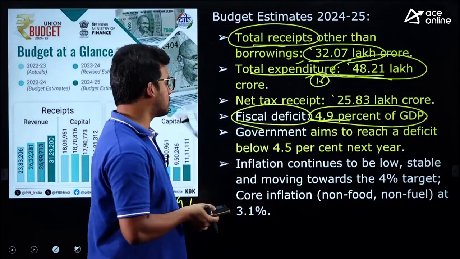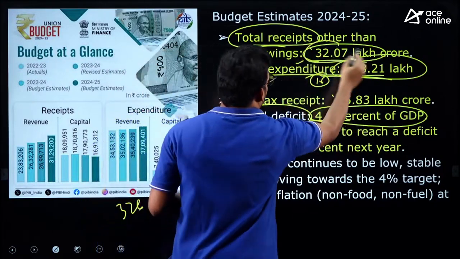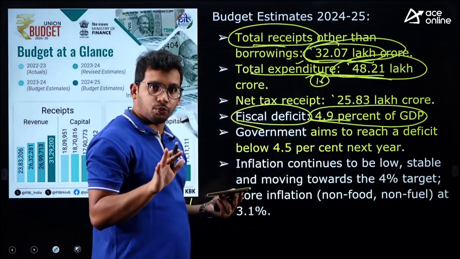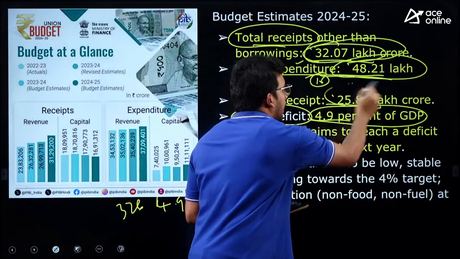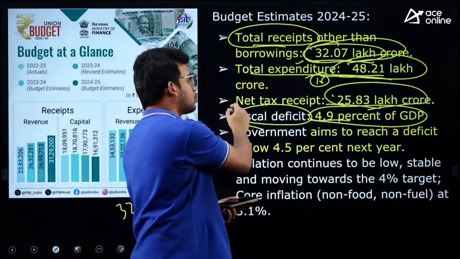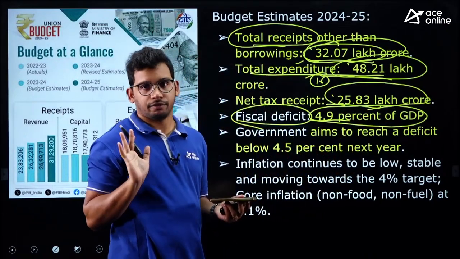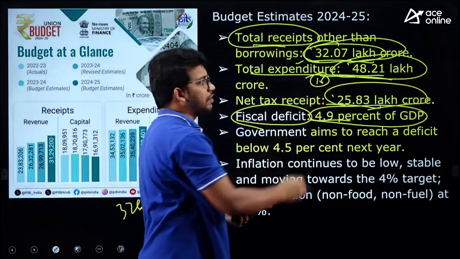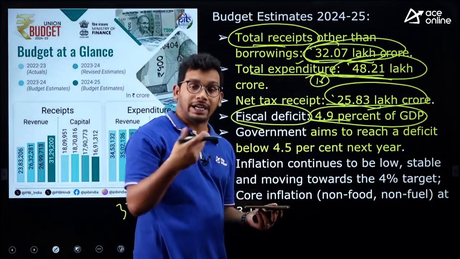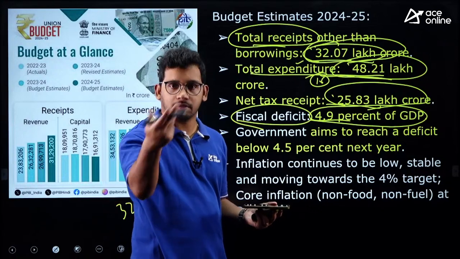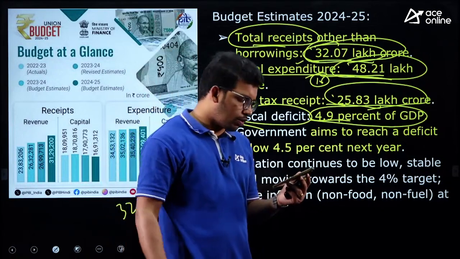Out of the total revenue that government is getting, 32.07 lakh crore, 25.83 is net tax. So it is coming through taxes. The rest, about 7 lakh crores, is non-tax receipts or non-debt receipts, such as selling Air India or government companies.